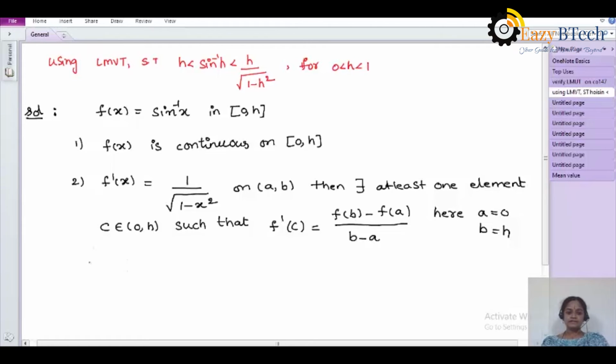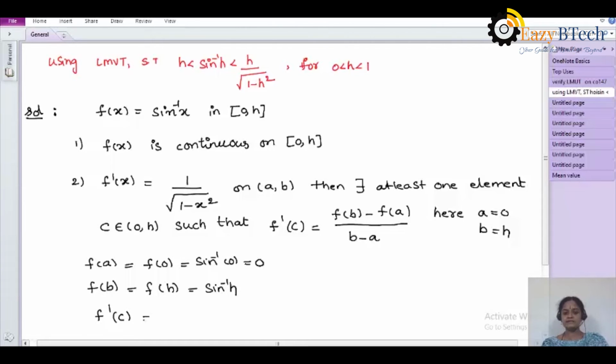At first finding f of a, that means f of 0, sine inverse 0, is equal to 0. f of b, that means f of h, is equal to sine inverse h. Then again finding the value of f dash of c here.